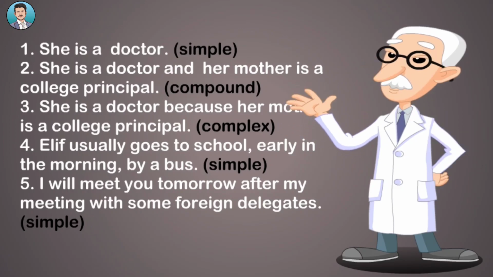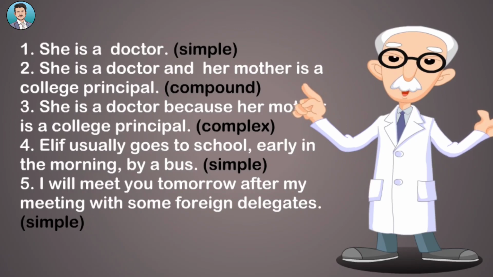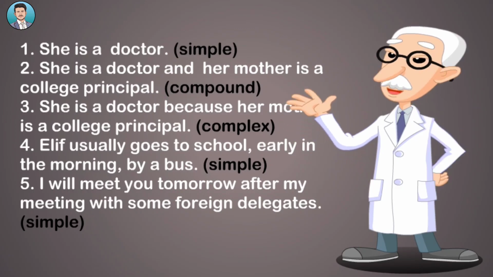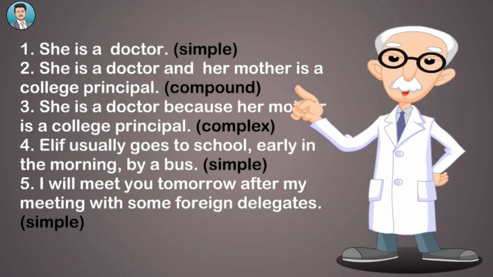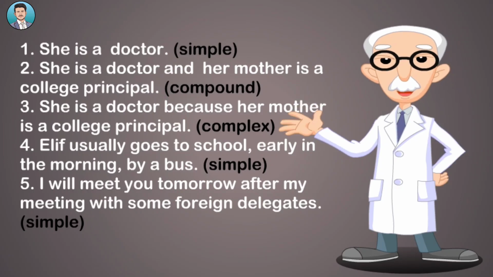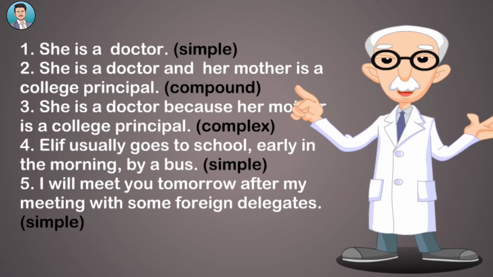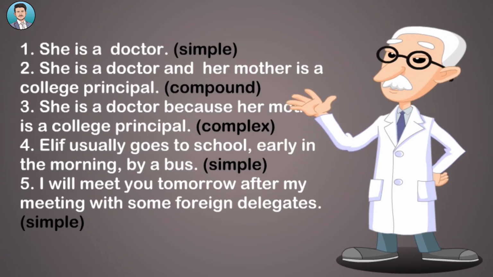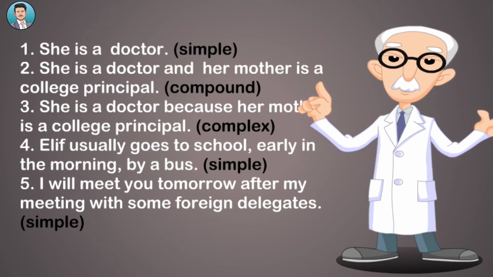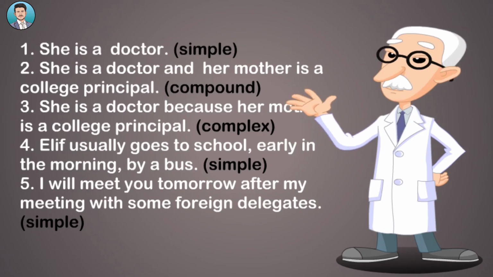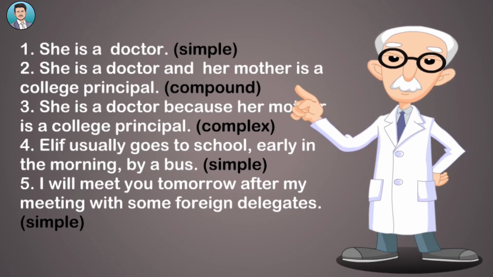In the next sentence, Aleph usually goes to school early in the morning by a bus. In this sentence, there is only one subject, Aleph, that usually goes to school. This is the predicate. Now you can see there is no conjunction. There is no other subject or predicate.